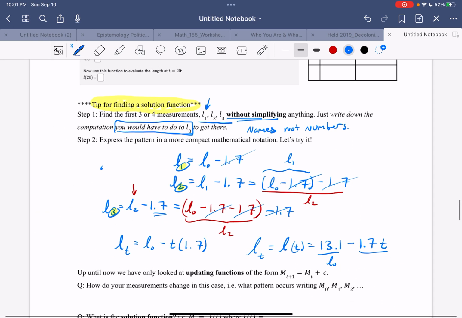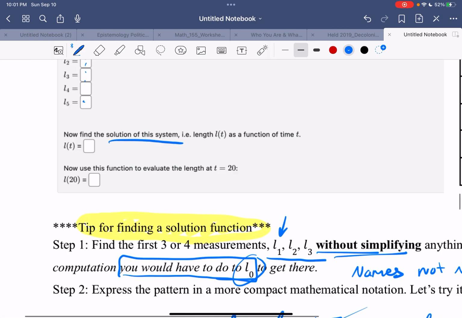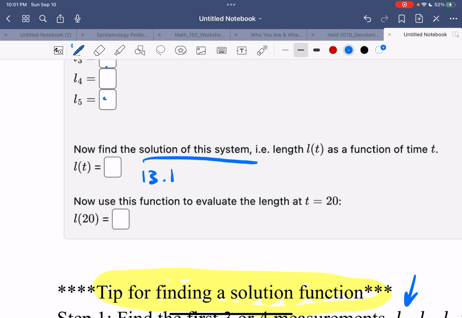So the way I found the formula was by writing out the computation I'm doing, and I try and leave L0 in as long as possible. So this answer would be 13.1 minus 1.7t. And then plug in 20 for t. All right, fine, whatever.